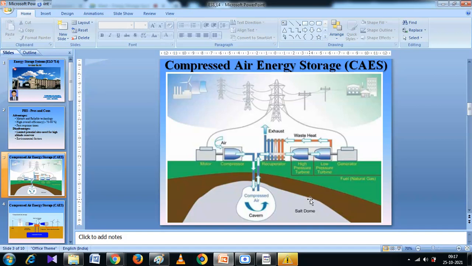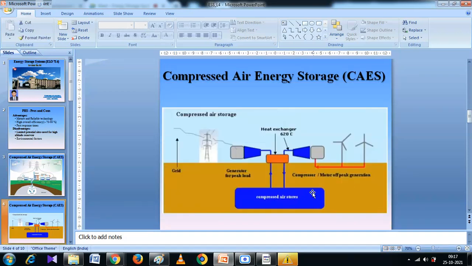There are basically two types of compressed air systems adopted. One is called adiabatic, another is called diabatic. You can see the next diagram. This is also like the previous diagram, but there is a difference in the heat exchanger.